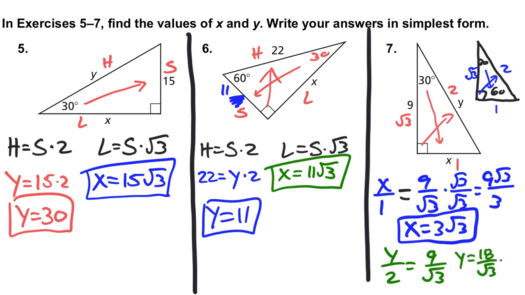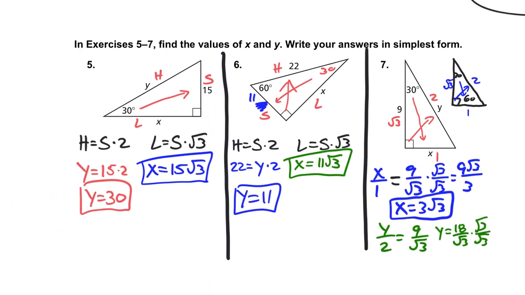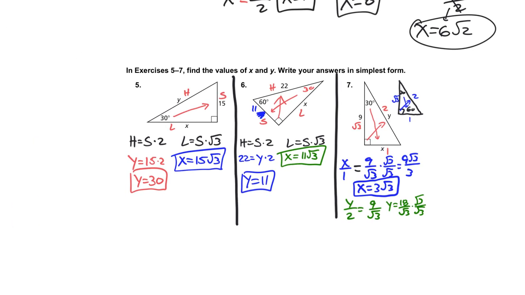But then I have to rationalize that by multiplying both sides by the square root of 3. And when I'm done, I'm going to have y equals 18 square roots of 3 over 3, which is 6 square roots of 3. So there's my y value, and we have our x value.